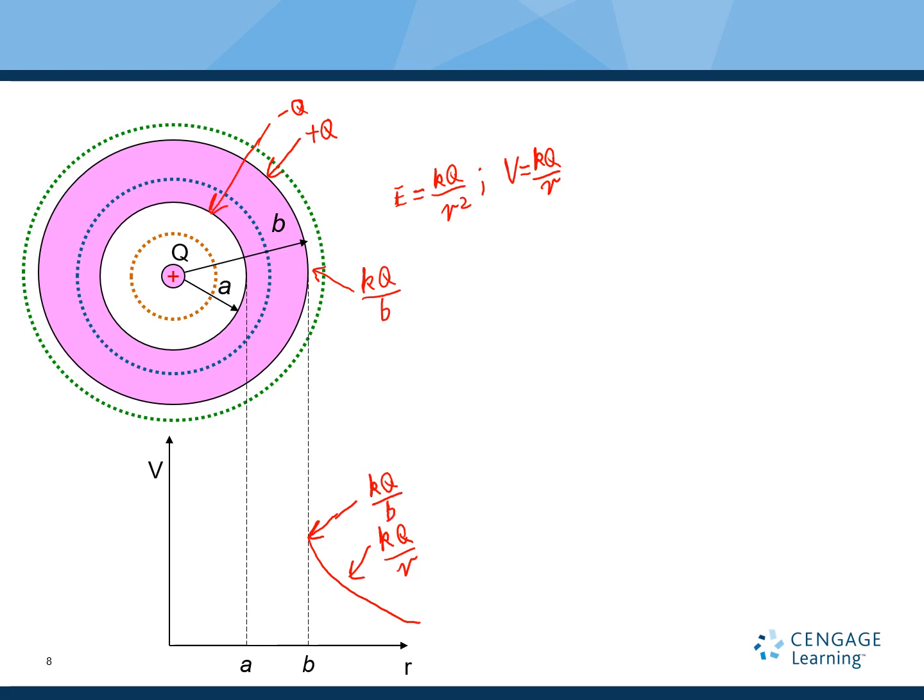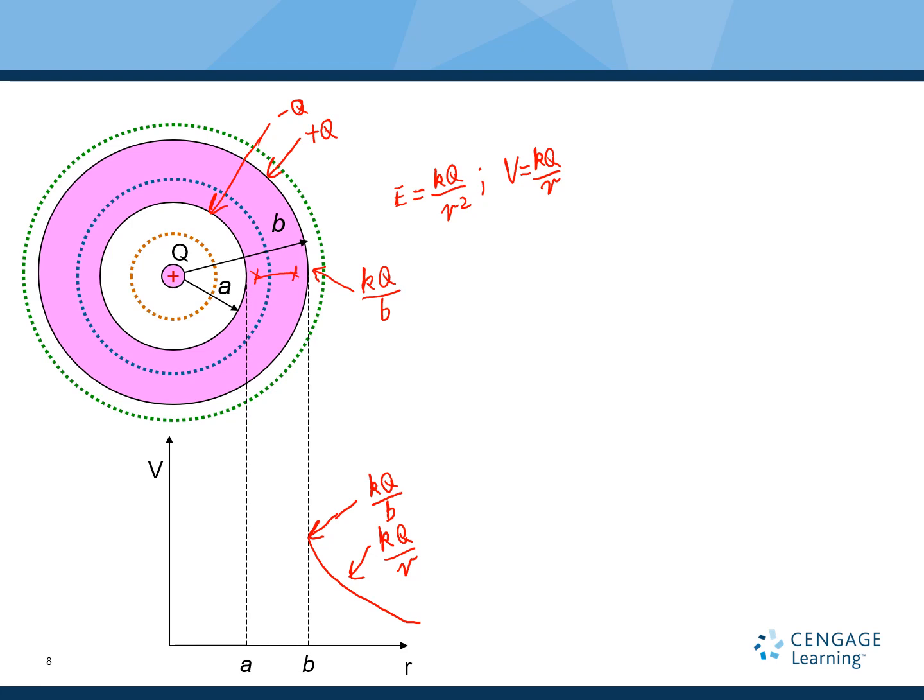Now, with this much knowledge fixed up, we can ask: what is the potential difference between any one point and any other point inside this conducting shell? Notice again, just like we had for the spherical shell, we have 0 electric field along any path that connects these 2 points that we have chosen.